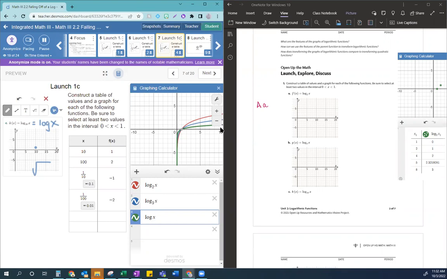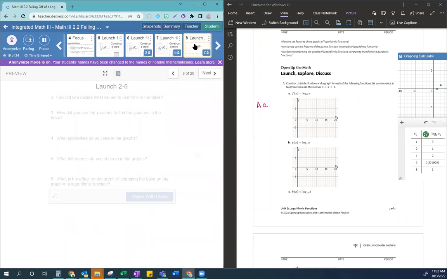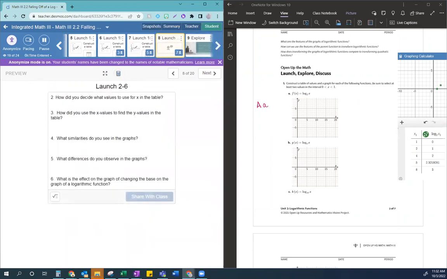So that's why this point right here is 10, 1. Versus log base 2 of x, if I plug in 2, then I get out 1. That's the red guy right there. See that point right there, 2, 1. Versus our green point, I can't even point at it. Does that make sense? So that's the deal with that. Hopefully that makes sense. All right, I'm going to stop this.